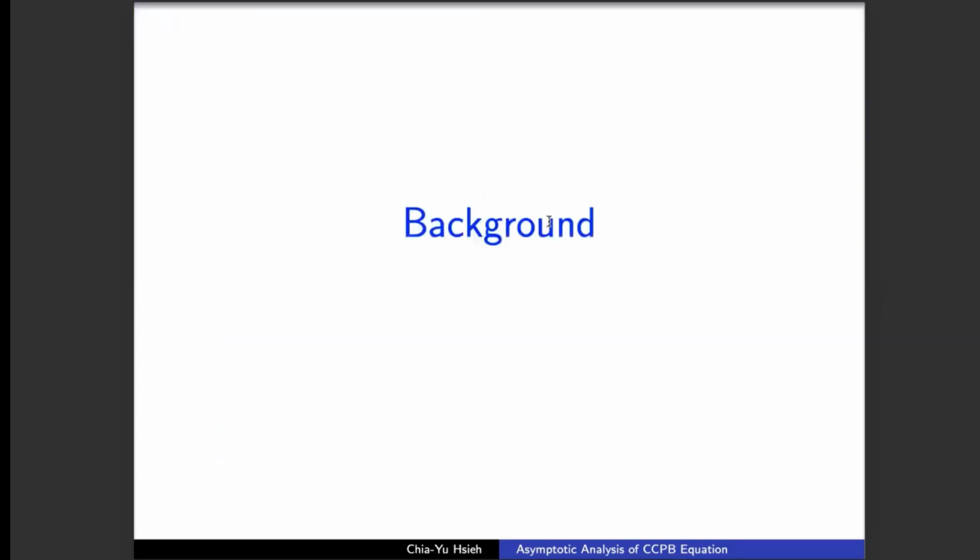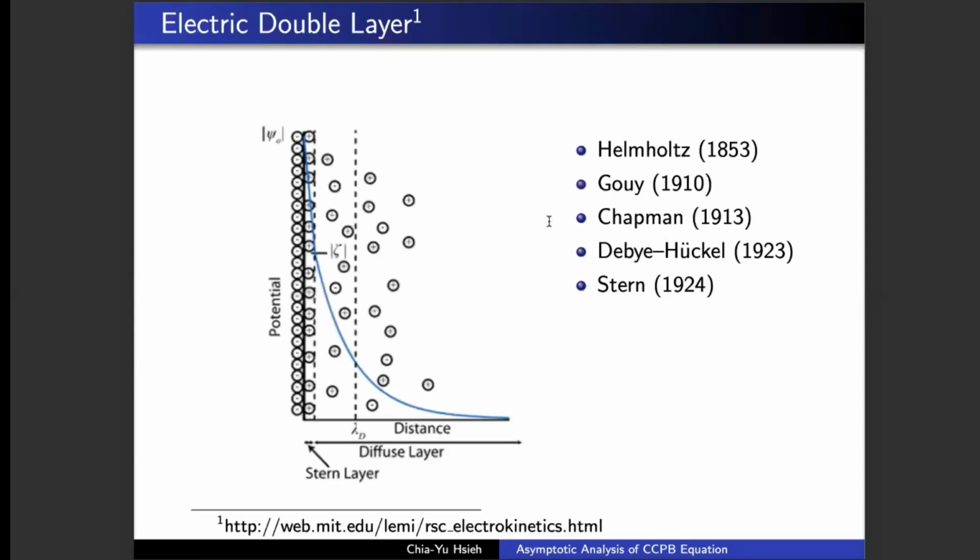Okay, so now I'd like to introduce some physical background of this problem. The Poisson-Boltzmann equation can be dated back to the early 20th century from Gouy-Chapman theory. And this is about the electric double layer. So what is the electric double layer?